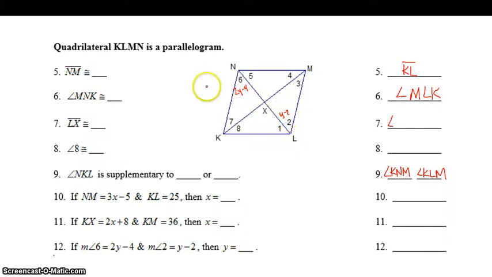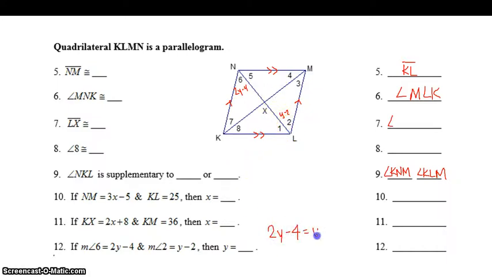Well, one thing I know about opposite sides of a parallelogram is that they are parallel. So I could put in these parallel pieces here. And so hopefully you guys see a z here. And so using this z, that means those armpit angles 6 and 2 are congruent to each other. So then you set them equal to each other to solve.